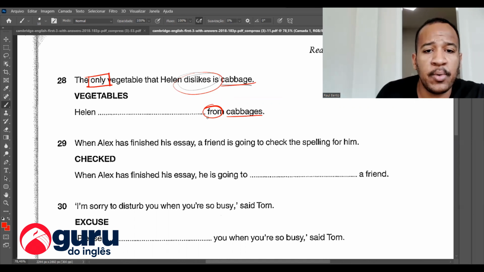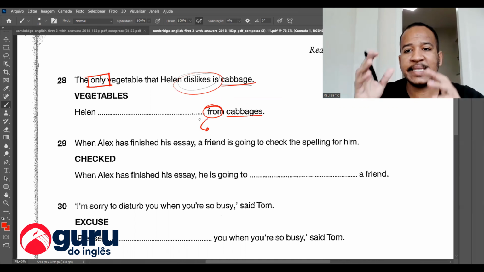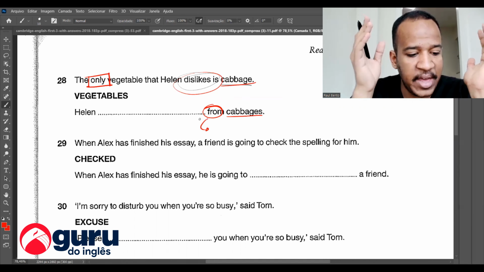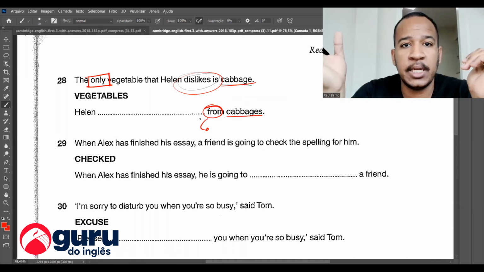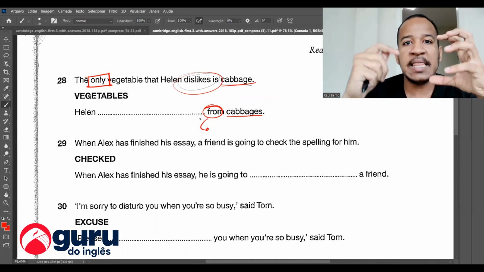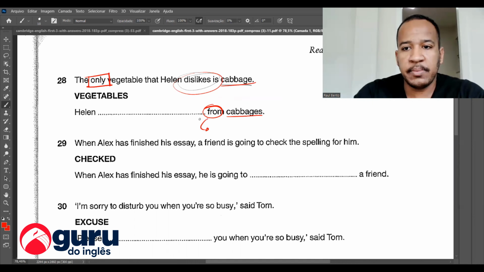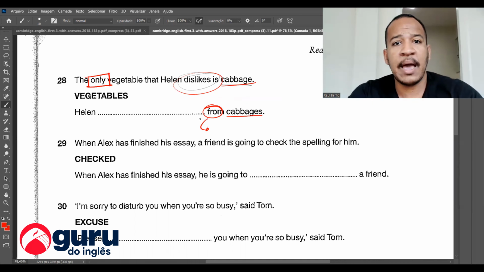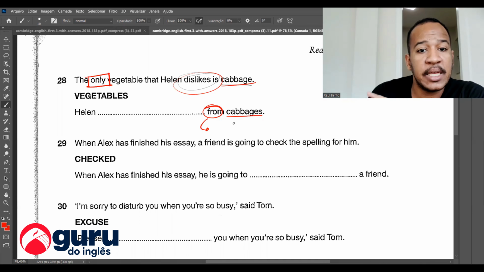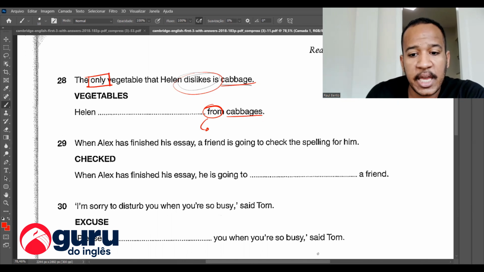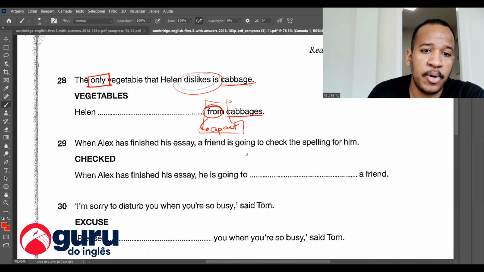What we have here with the word from is something that will give us an idea of exception. For example, I love all the vegetables, but I don't love cabbage, like that. When I say that, I have a collocation that we use in English. It's called apart from. One more question about vocabulary, apart from.